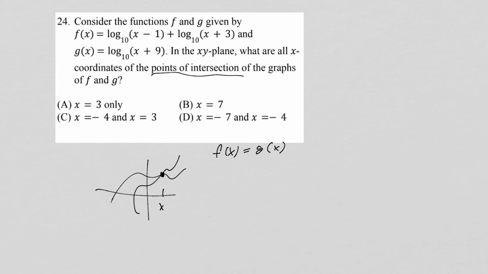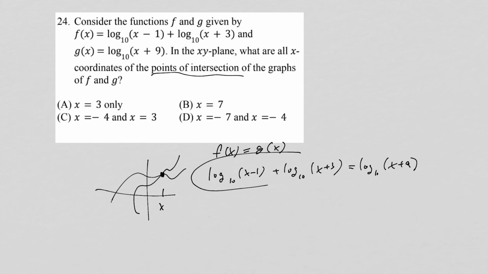Now, we have to solve this equation. Log base 10 of x minus 1 plus log base 10 of x plus 3 equals log base 10 of x plus 9. Now remember earlier I mentioned there were log rules.